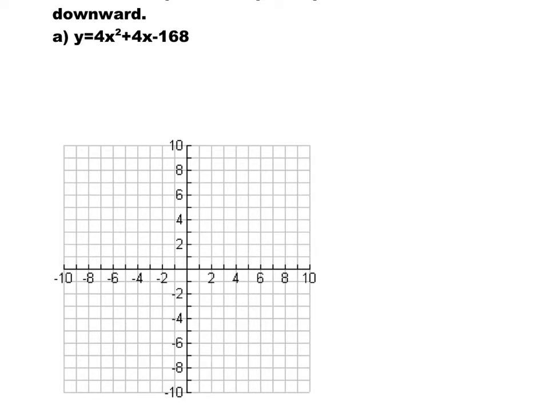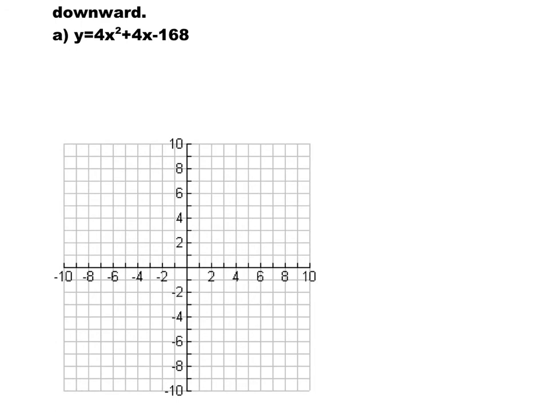To find the vertex, we know that the x-coordinate of the vertex, v sub x, is equal to minus b over 2a. Now in this equation, b is 4. So minus b is negative 4. 2a is 2 times 4, which is 8, so minus 4 over 8, which is negative 0.5.